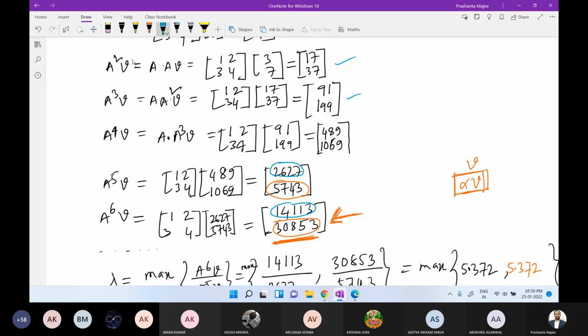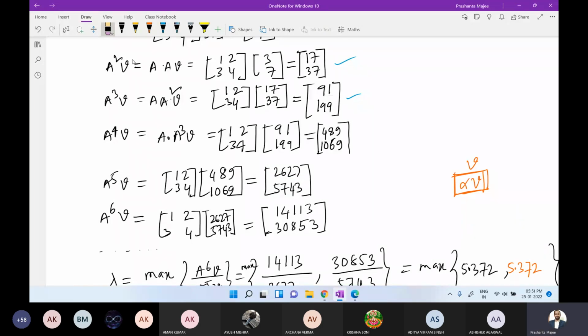So I have repeated the procedure 6 times, and after 6 pre-multiplications of the vector V by the matrix A, we have ended up with this vector: 14113 and 30853. The vector previous to that calculation is 2627 and 5743. This is simple matrix multiplication to a vector.